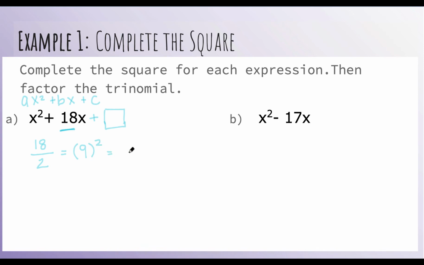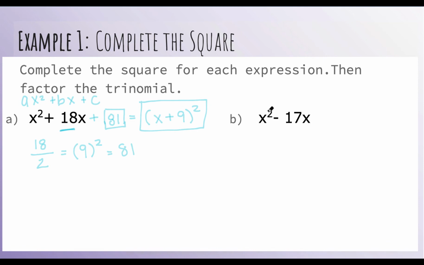That's step 2. Step 3, we end up with 81, so we're adding on 81. Now when we factor this, all we have to look at is our parentheses. We're going to have x plus 9, the quantity squared.